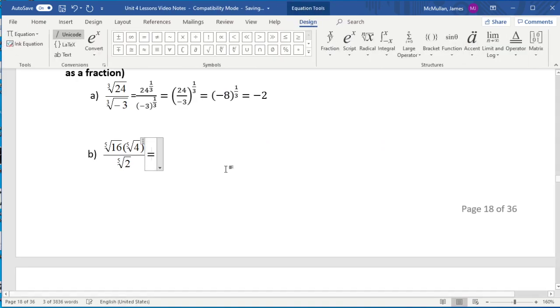Okay, here. The 5th root of 16. Okay, now let's try and write this one out. See if we can come up with a way of doing this one.